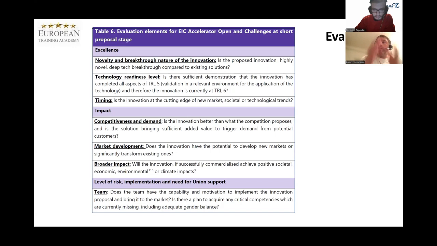The opposite of it is incremental innovation, just a step forward and not the horizon we're looking at. Is it deep tech? Now, breakthrough, technological breakthrough, a scientifically based step forward compared to the existing solution?